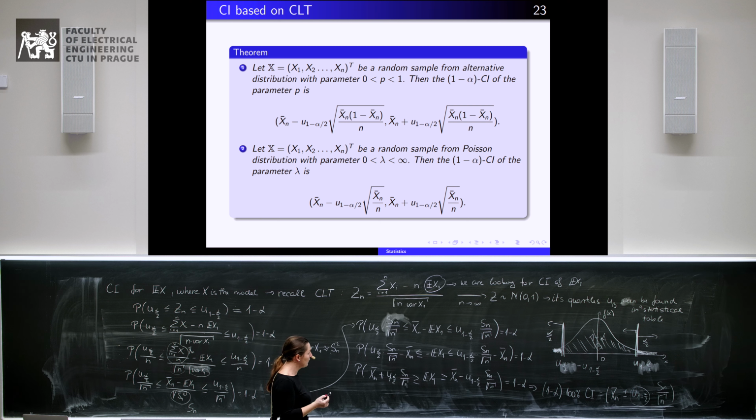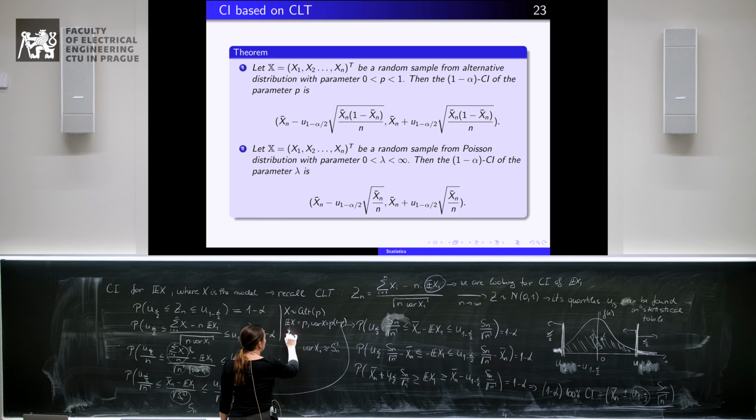For example, for Bernoulli distribution, or alternative distribution, we know that the expected value is equal to p, and the variance is equal to p times 1 minus p.